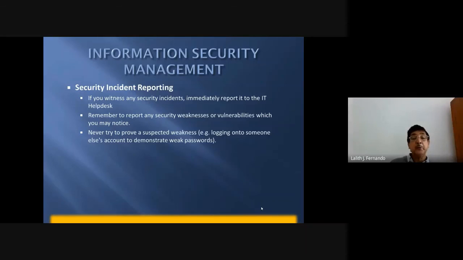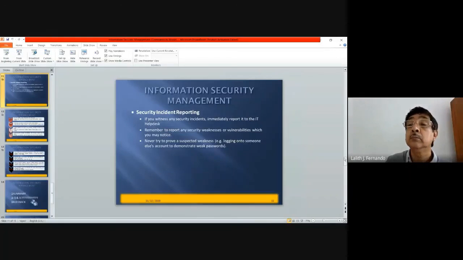That document is prepared by Standard and Poor's. I will send it to your emails. It is about credit risk management and risk modeling. But anyway, we will go back to our information security presentation.